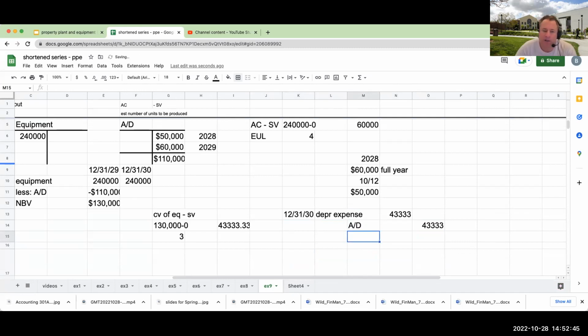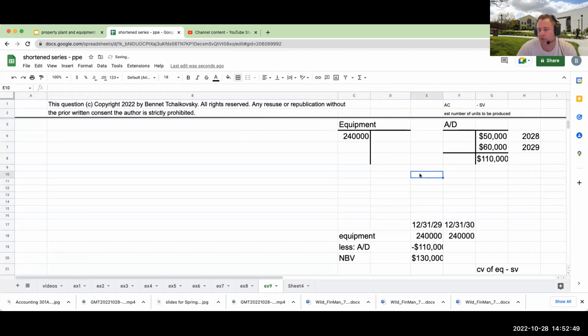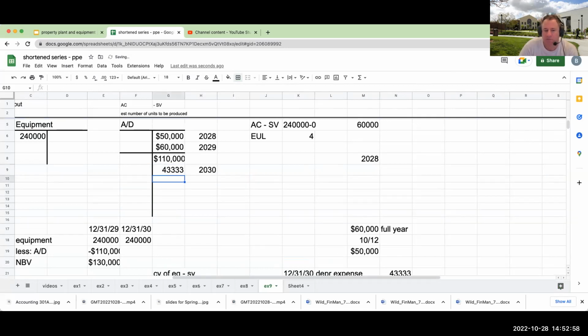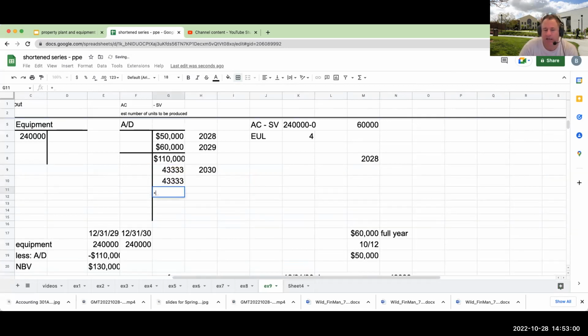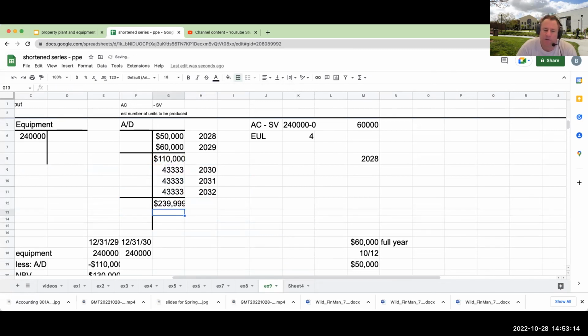If we think about it in terms of how this really works, if I take the full year in 2030 and it's going to last for 3 more years, the total amount of my accumulated depreciation at the end of the asset's life is going to be about 240,000.